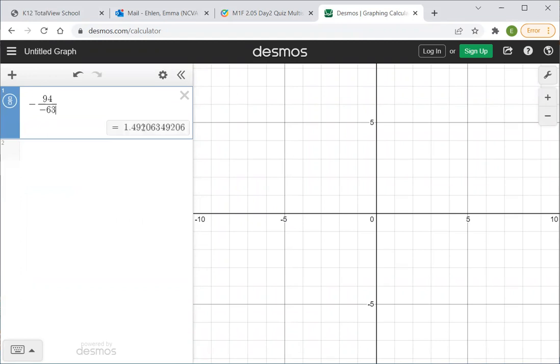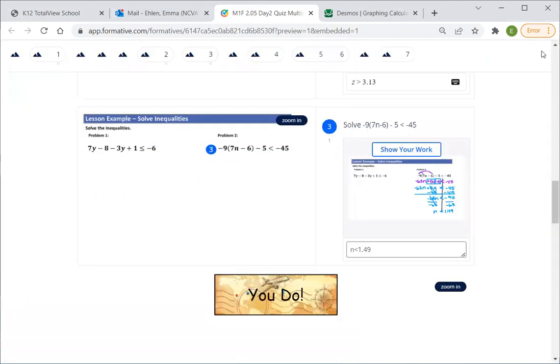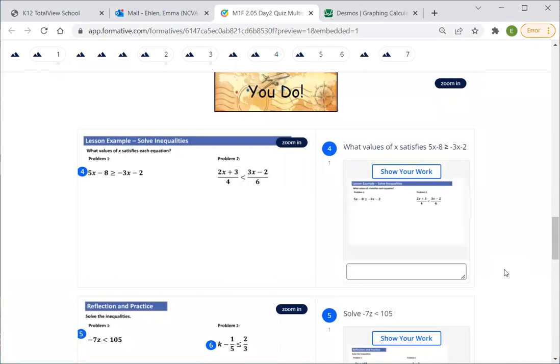Okay, so that gives us 1.49. So n is less than 1.49. Just because there's decimals doesn't make it any different. You've just got to get used to it.